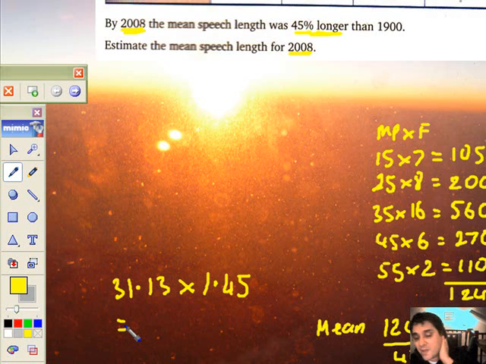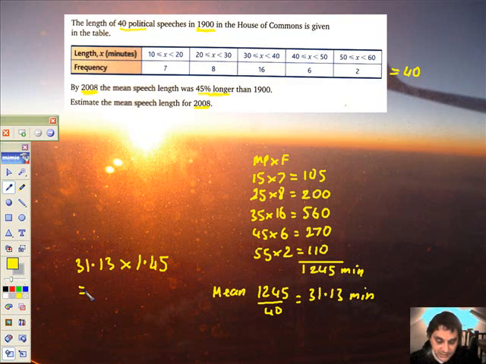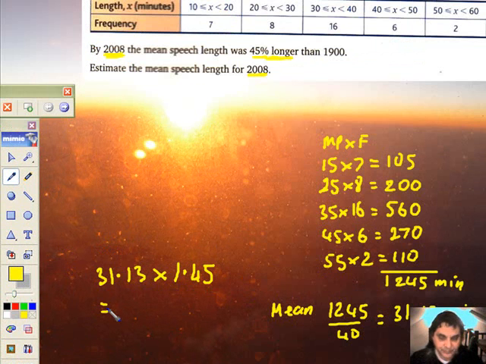So by multiplying by 1.45, I'm working out 100% of the 31.13, and the 45% is incorporated within that 1.45. So using a multiplier, we get it in one go. 31.13 minutes, olden days, times 1.45, nearer to today, and the average length of speech is 45.14 minutes. Is that alright?